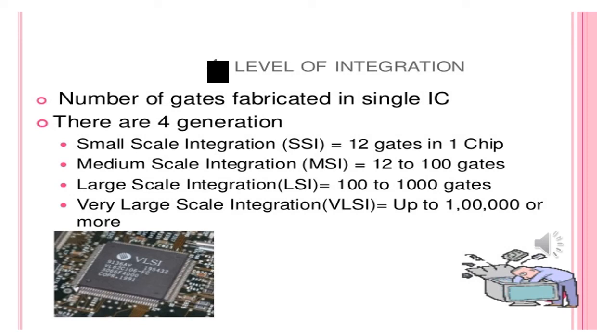Finally, very large scale integration or VLSI. In this fabrication technique, up to 1 lakh or more than 1 lakh components or gates are fabricated on a single silicon chip. This has become the most dominant IC fabrication technique.